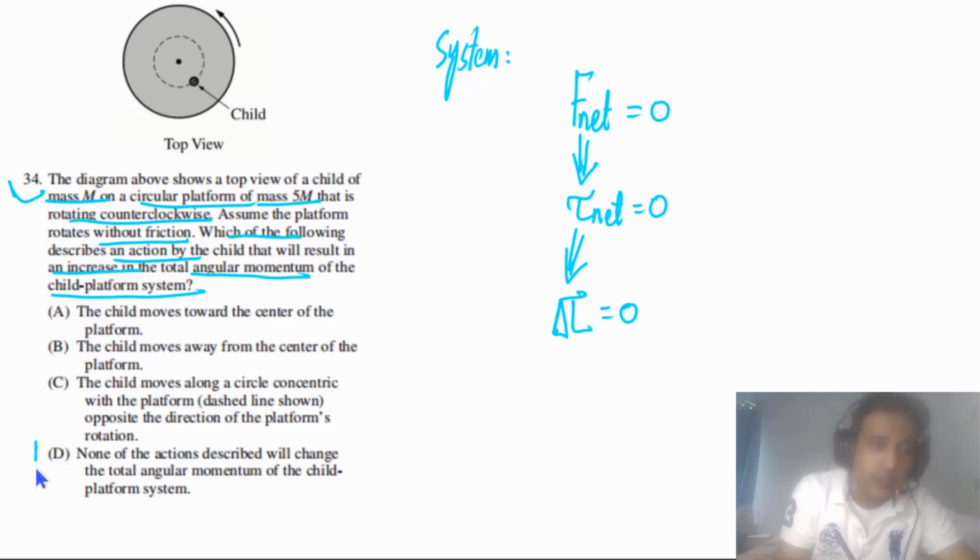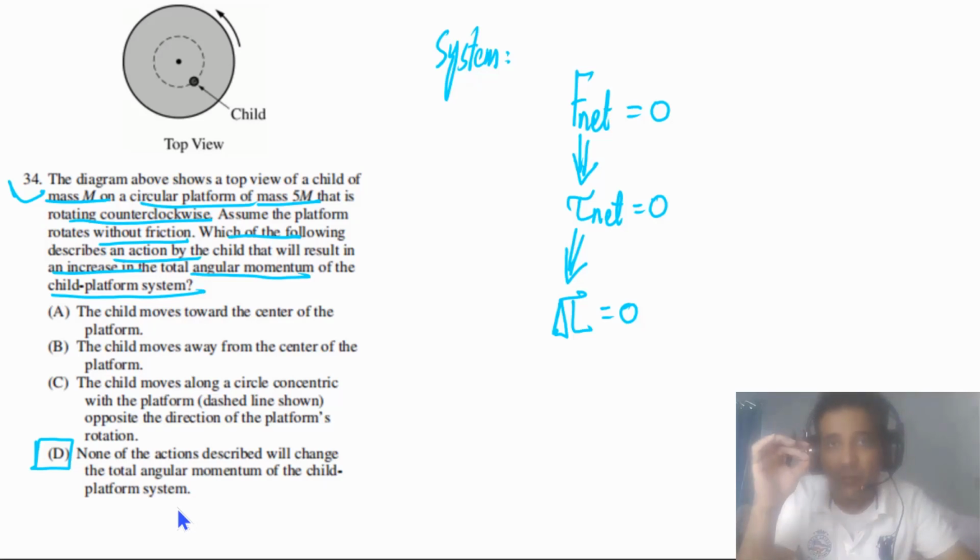So the answer for this question has to be D: none of the actions described will change the total angular momentum of the child platform system. As there is no net force, there is no net torque, and if there is no net torque, the angular momentum of the system remains constant.